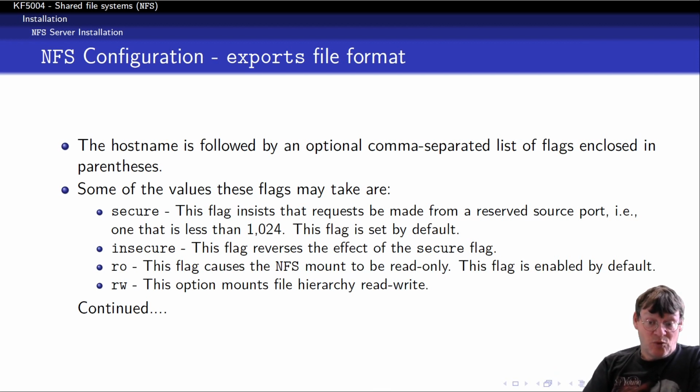So we are pretty much going to always use read-write. Read-only tends to be used when you've got shared download facilities with no upload facility whatsoever. But with the kind of work we're going to be doing, read-write is the way we would do it.